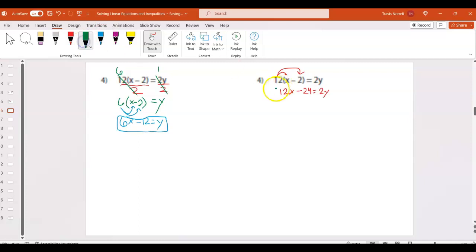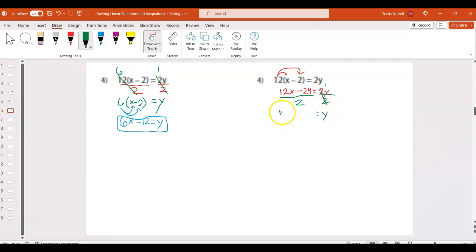But watch over here on the right. When we divide both sides by 2, just like we did on the left, remember 2 goes into 2 one time. 1 times y is just y.